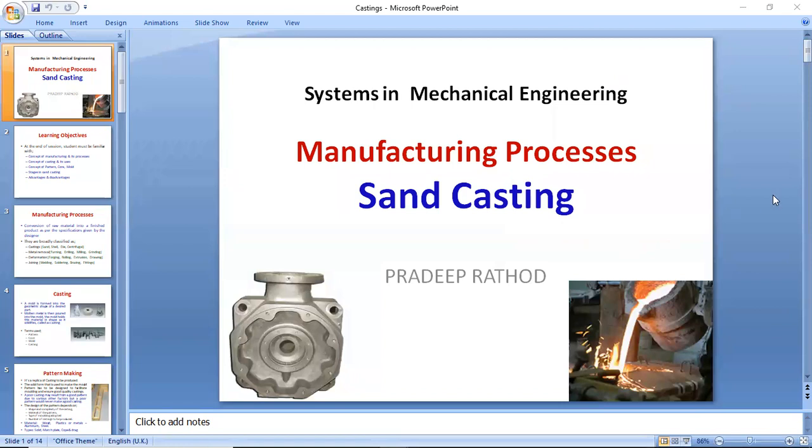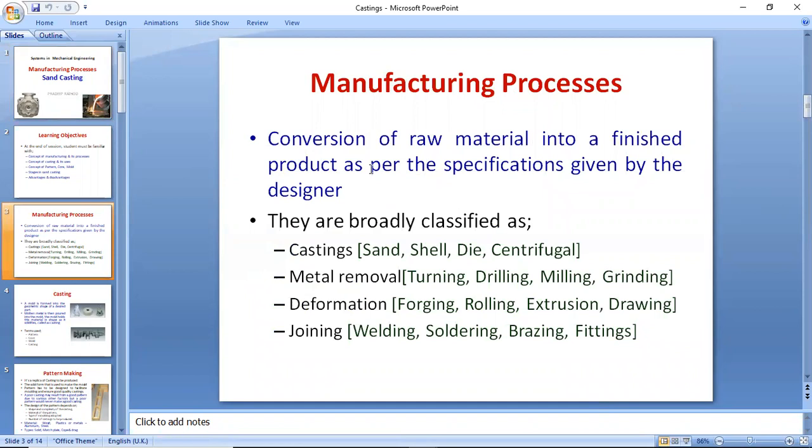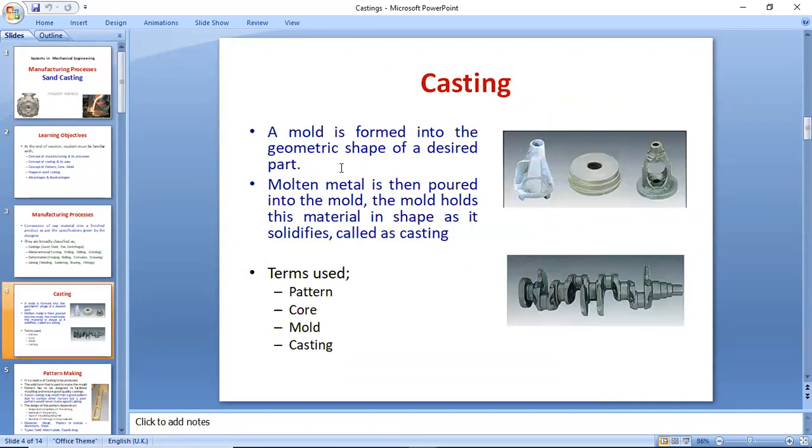There are various manufacturing processes, and today we are going to discuss the sand casting process. In this sand casting process, the raw material is converted into a finished product, in which a mold is formed into the geometric shape of a desired part.